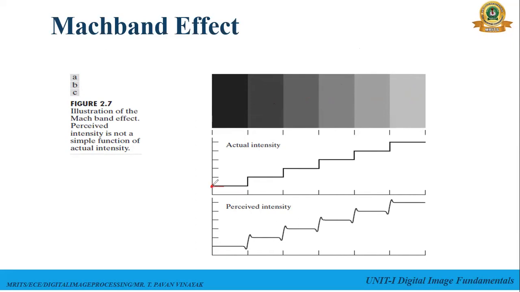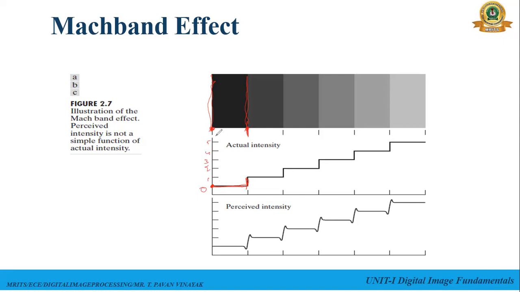Only in this area is the intensity varying. Here the intensity value is 0. Here the intensity value is 1, 2, 3, 4, 5. Here the intensity value is 1.